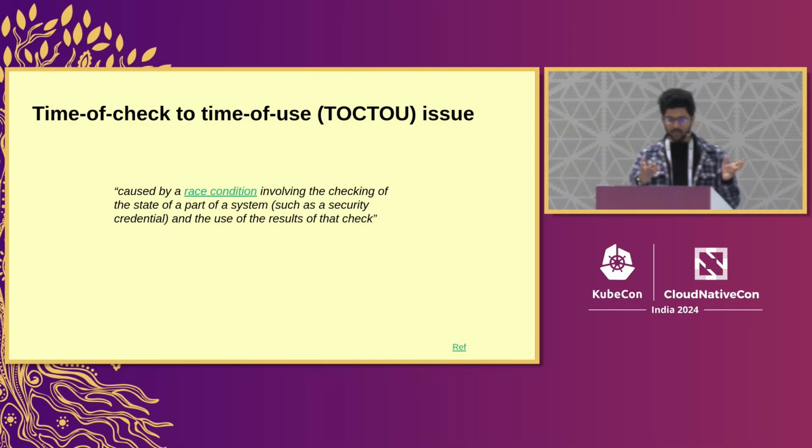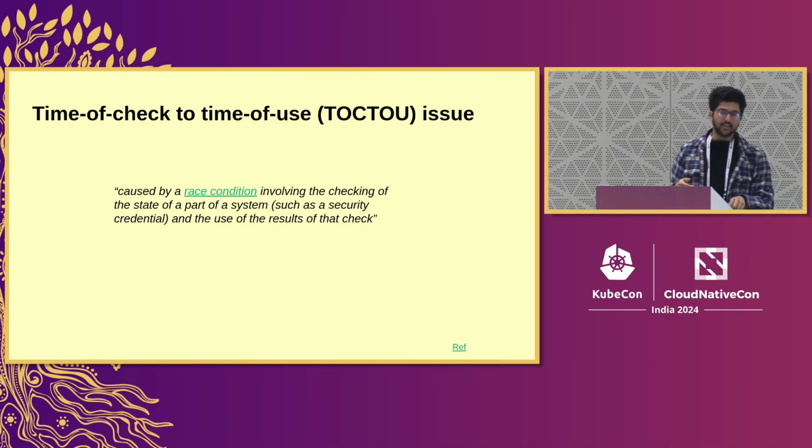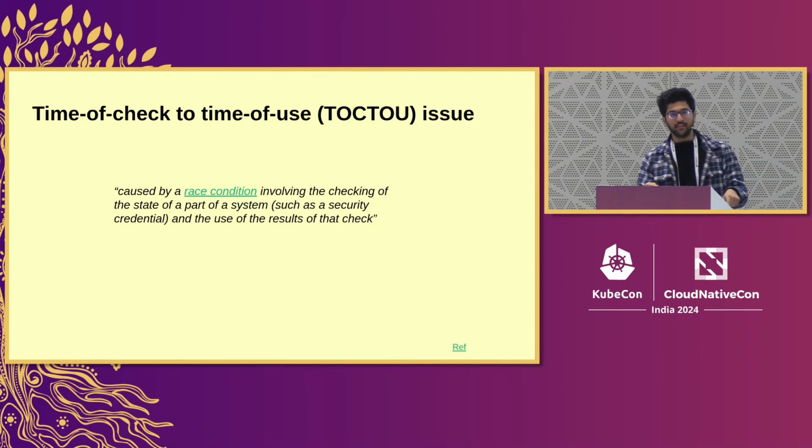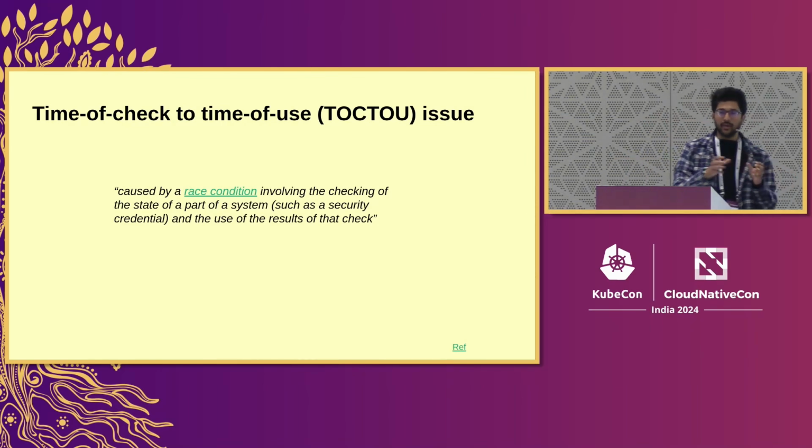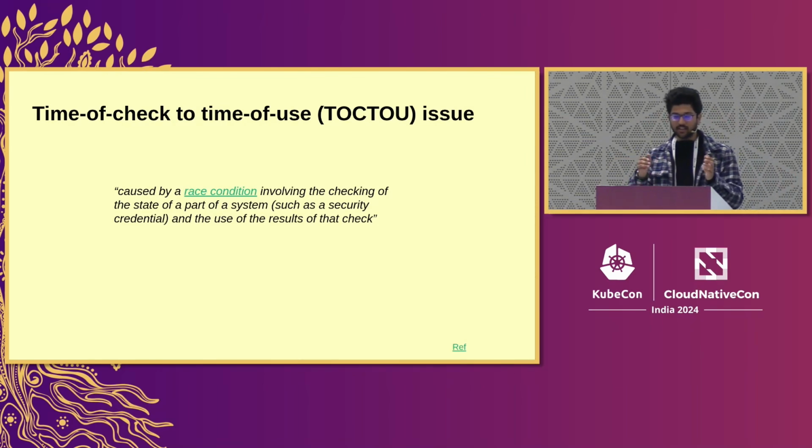I'm just giving an example of a TOCTOU attack. We check if this binary should be allowed to be used, and then there is a lag between checking the permissions and telling the user that yes, it should be allowed. In between these things, these binaries or files or processes can be altered by the attackers, and we will never know if these are altered or not. And this happens when there is a latency between observability and enforcement.